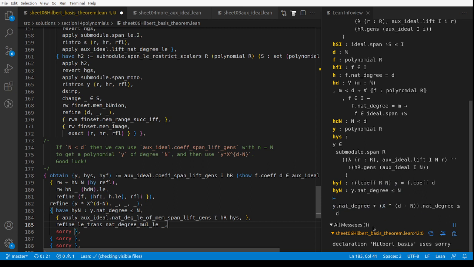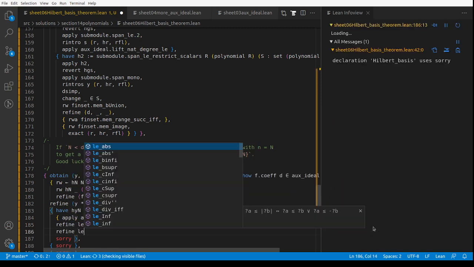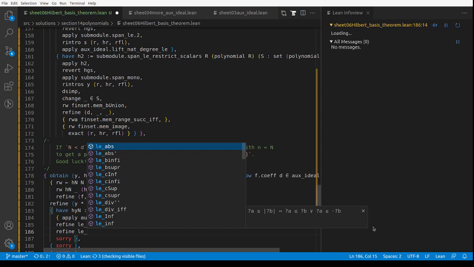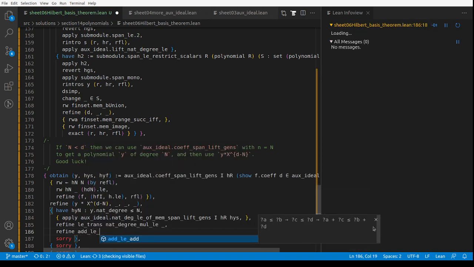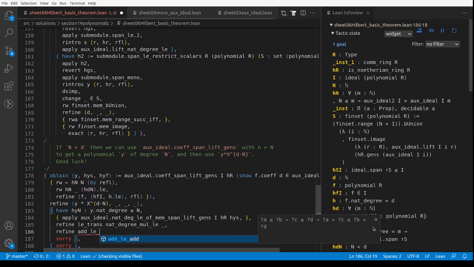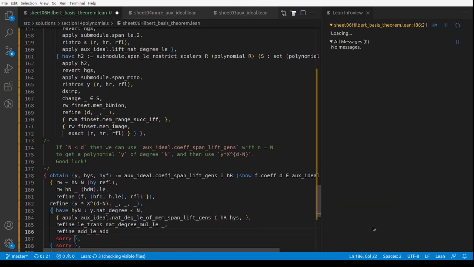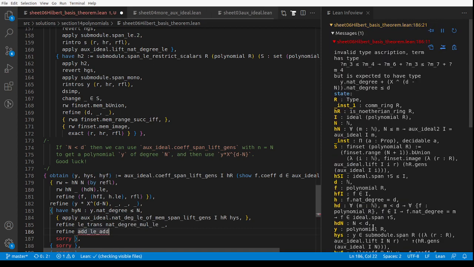And so we want to refine, what will it be called? add_le_add or something. Yeah, add_le_add. Great. There. And then the first, oh, this is going to be convert as well.